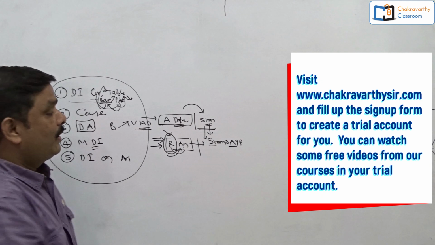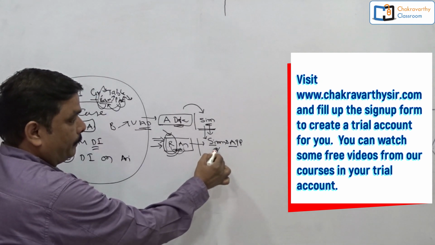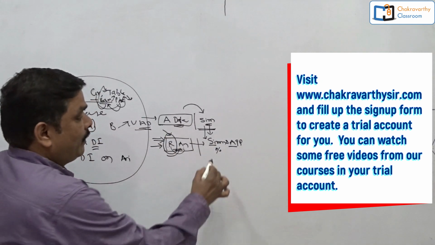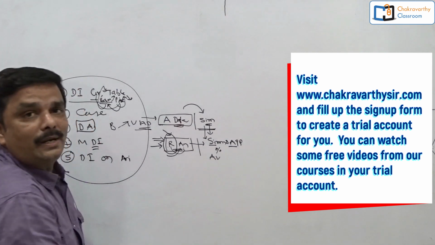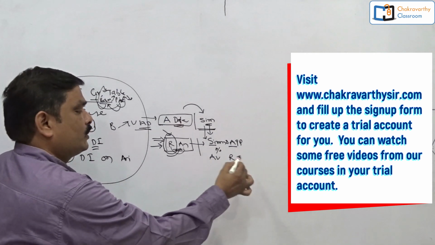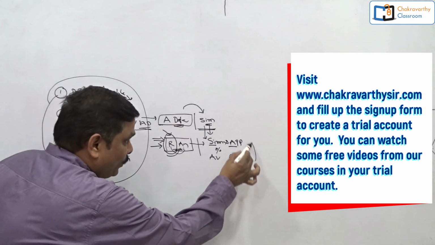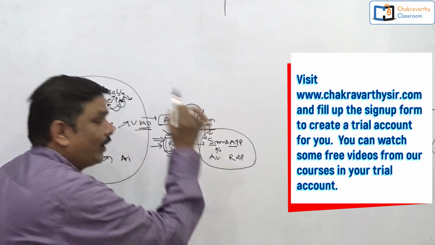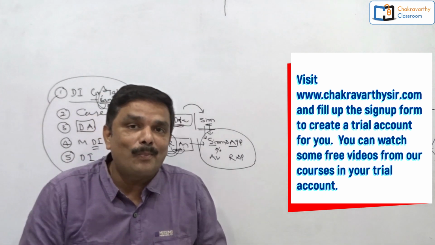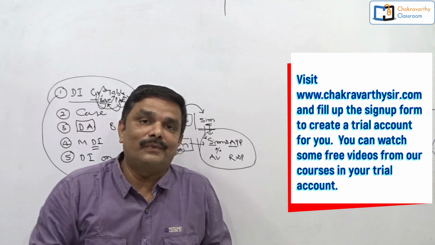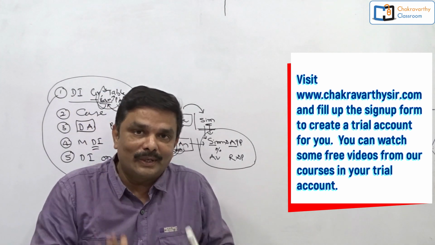Then you should be perfect with percentages, then averages, then ratio and proportion. Only then are you able to handle data interpretation questions in a proper way up to the expectation of the examiner. Now we got the clarity, right?